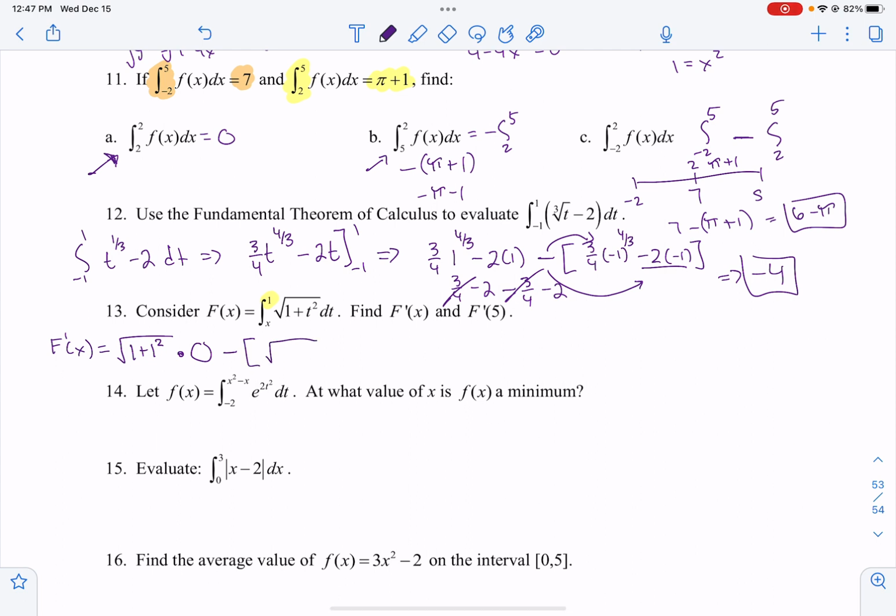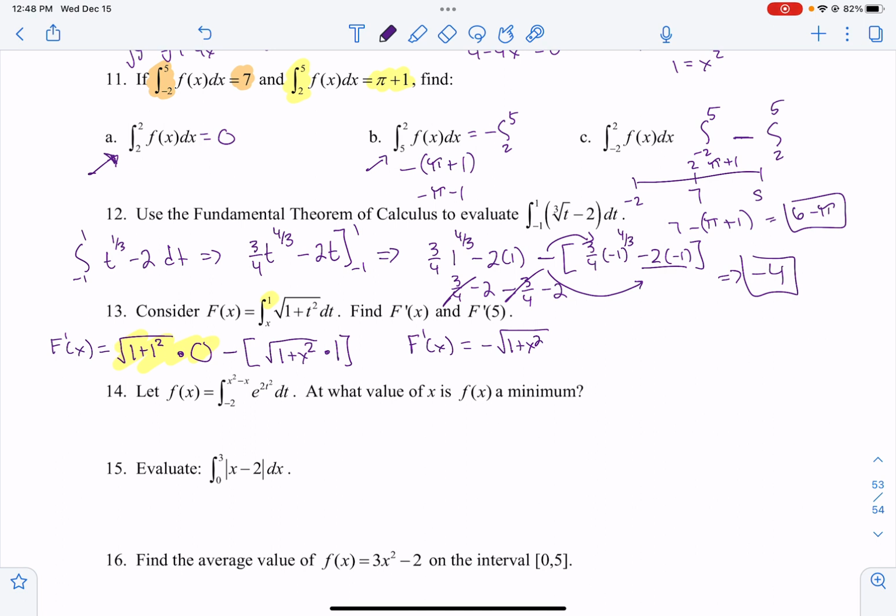So the square root of 1 plus x squared. But then I have to multiply by the derivative of the bottom, and the derivative of x is 1. Well, that's nice because this part just cancels out. So F prime of x is equal to negative root 1 plus x squared, because when I times that by 1, I just get negative root 1 plus x squared.